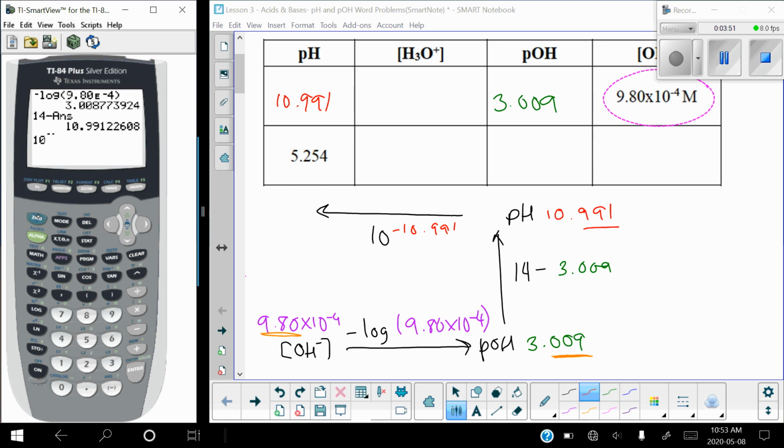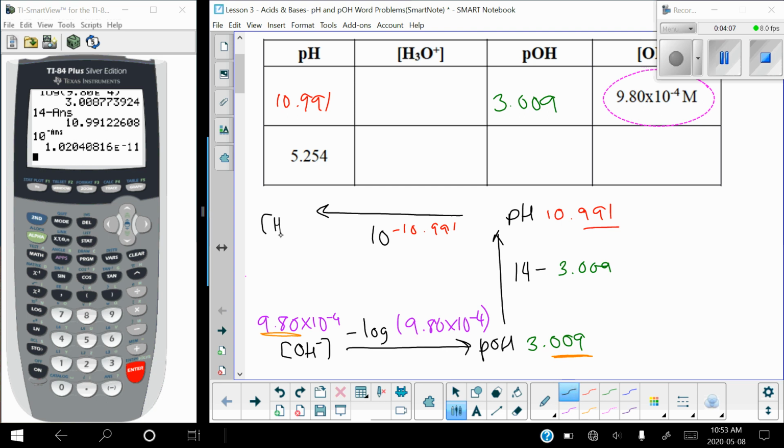So when you are doing the answer value, do know that it's taking the last thing that you calculated. So if it's not the last thing, you will have to scroll up and select. There is my hydronium concentration. So hydronium, I get a value of 1.02 times 10 to the negative 11 moles per liter. And remember, your pH and your POH are unitless.